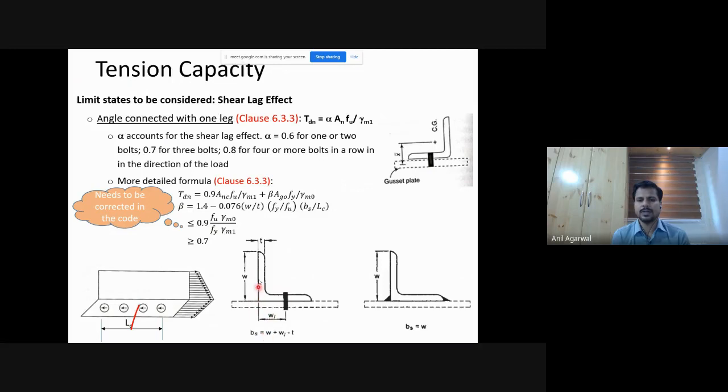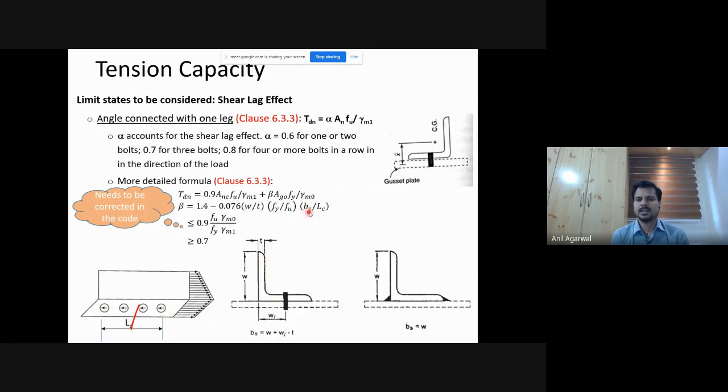So it is W, that is this length, plus WL, that is this length of the connected leg from the point of connection, minus T. So if it is a bolted connection, then this is the location of the bolt, and probably you have a row of bolts. So other bolts are right behind it. Okay. And there will be this portion which is effectively outstanding, and that is your BS.